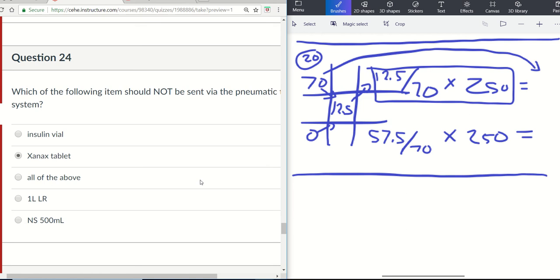No, it's the air tube for messages in the hospital. So 1 liter's too big, it'll get stuck. Even half a liter's too big. Insulin vial, looks like all of them. Don't want to send all of them. Too big, too big. Xanax is a narcotic. Insulin, if it vibrates, it'll foam up, so it's unstable. So which one should not be sent? All of them should not be sent.